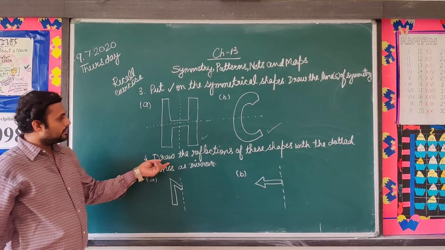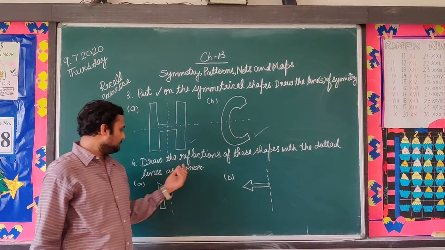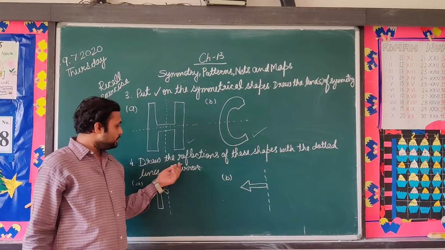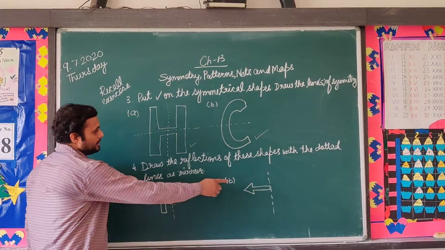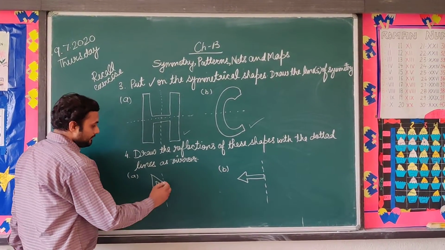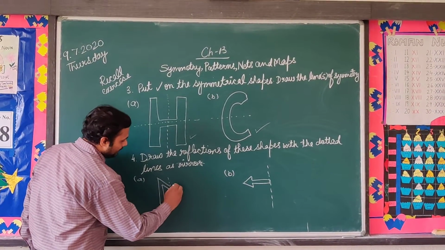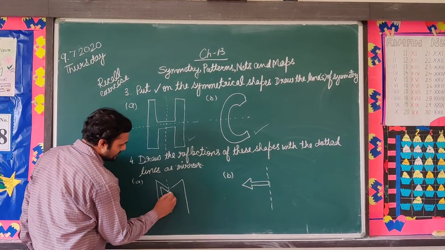Next question, draw the reflections of these shapes with the dotted line as a mirror. These shapes are present in front of you and you have to draw the reflection. We have to draw the another part. How can you draw the another part? Just like this.